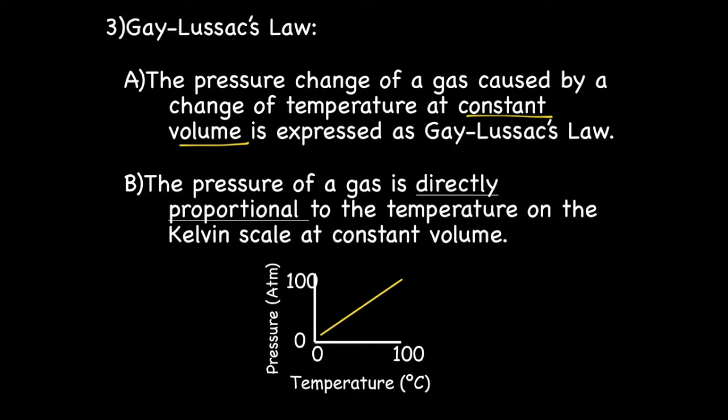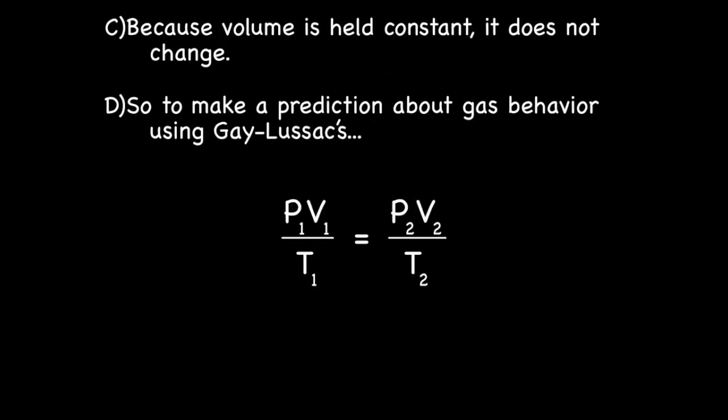Just a little aside there. Because the volume is held constant, it does not change. So when making a prediction about gas behavior using Gay-Lussac's law, we're going to use the exact same equation, P1 V1 over T1 equals P2 V2 over T2, but this time we get to ignore volume. There you go.